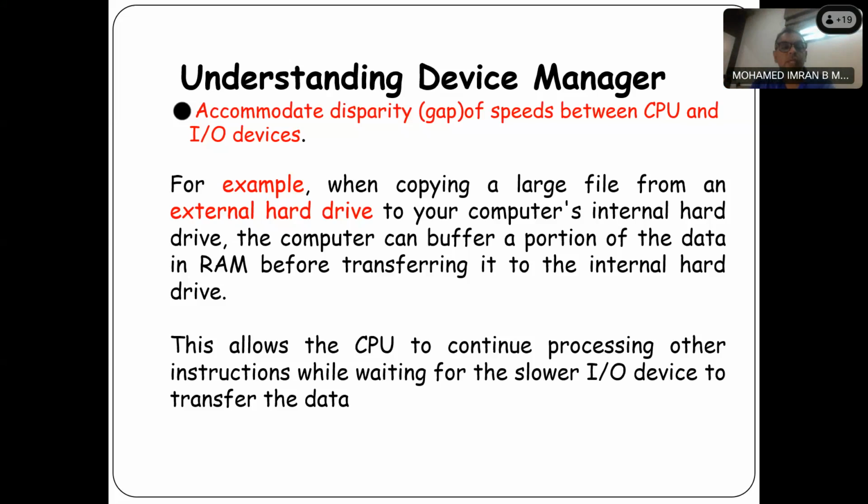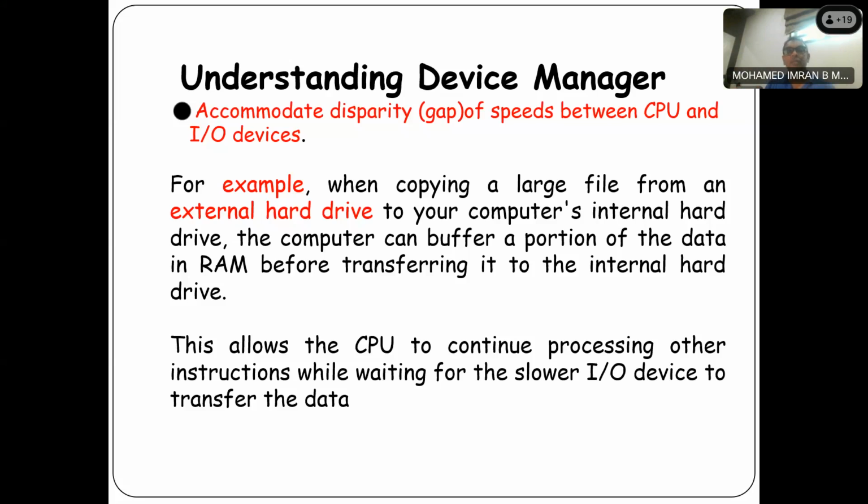All right. So that's why it says this allows the CPU to continue processing other instructions while waiting for the slow input-output device to transfer the data. For example, let's say I go to my class now and I tell all of you, please submit your assignments. Submitting assignments may take some time. Maybe you want to move the paper to the front of the class.